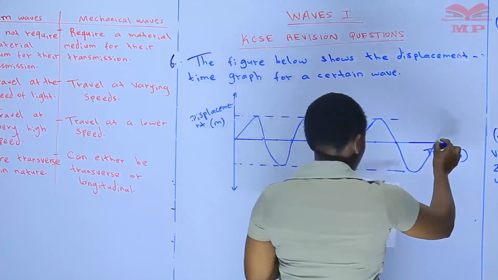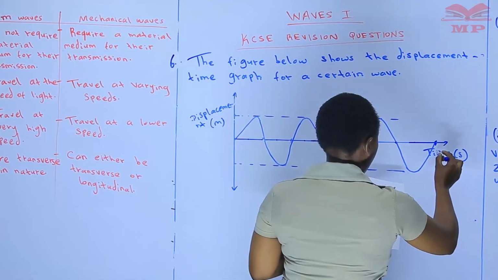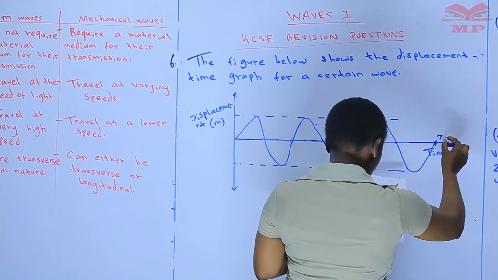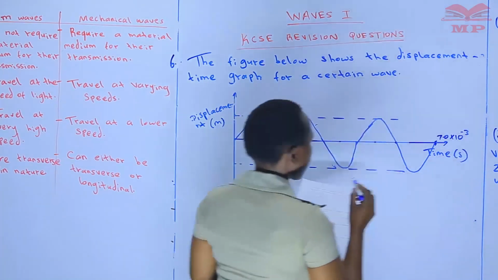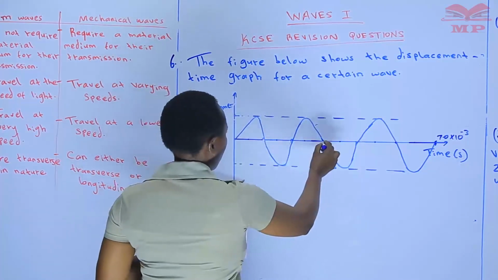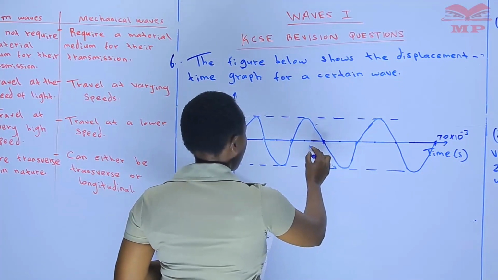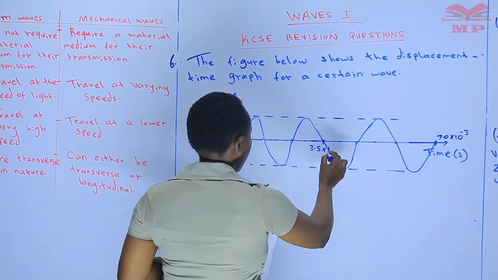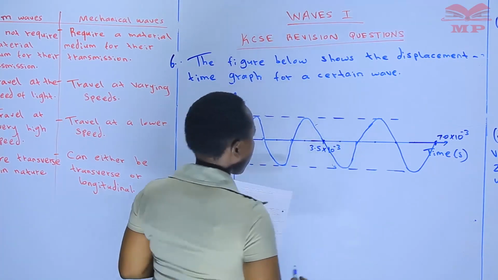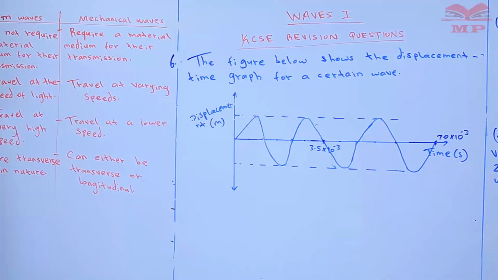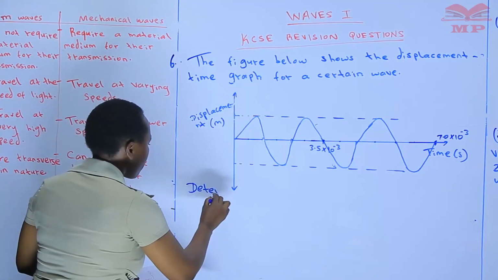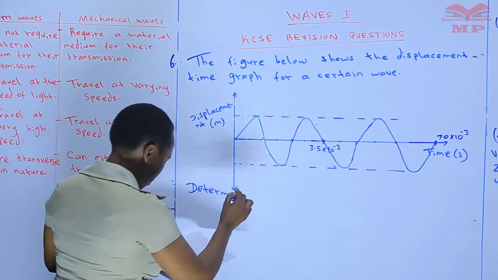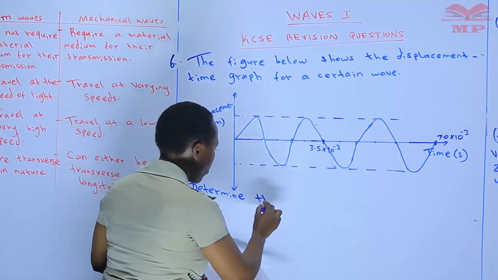We have been told that this point is 7.0 times 10 power negative 3 seconds. Then we've been told at this point is 3.5 times 10 power negative 3. So that is what we have, and we are told to determine the frequency of the wave.